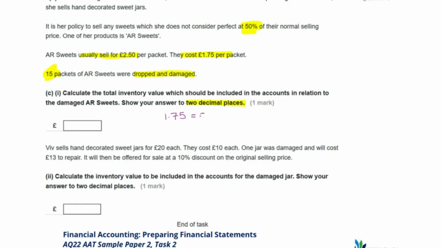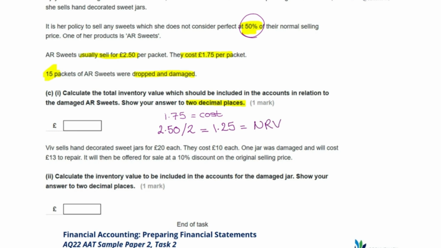So that's our cost. And then our net realisable value is going to be half of the selling price because it's 50% off. So we would divide that by 2, which gives us £1.25, which is our NRV.